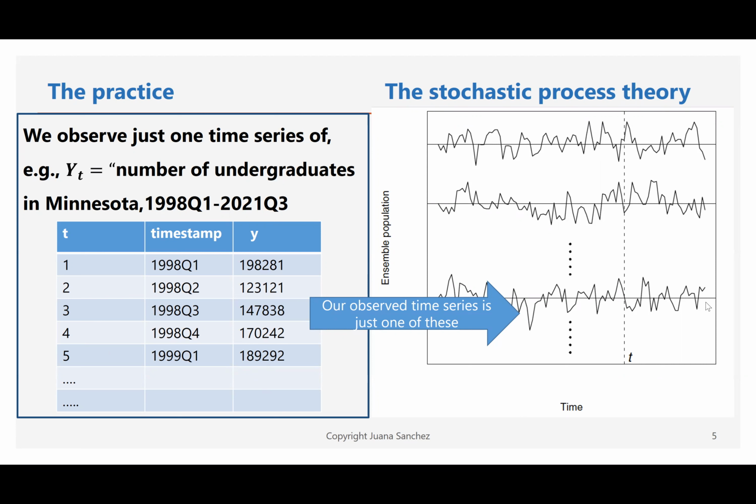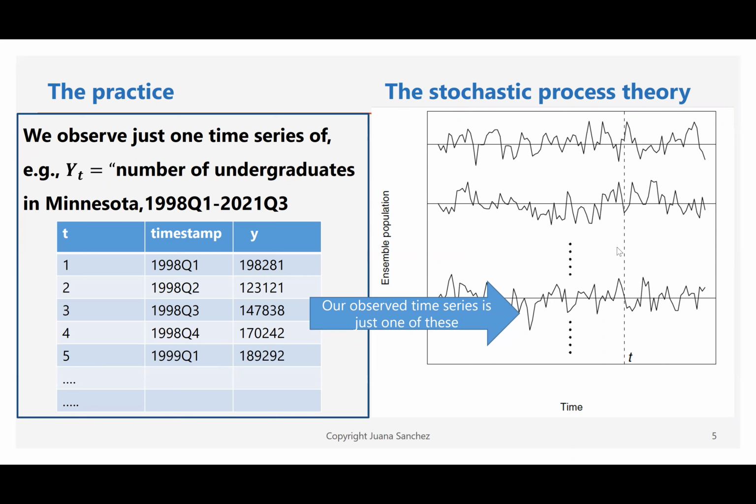What this is saying is that the time series from a probabilistic point of view is a stochastic process. It's random, and it could result in any of these particular sequences, and we only have one. You can consider these numerous sequences from the stochastic process as a population from which we are drawing our observed time series. It's called the ensemble population.